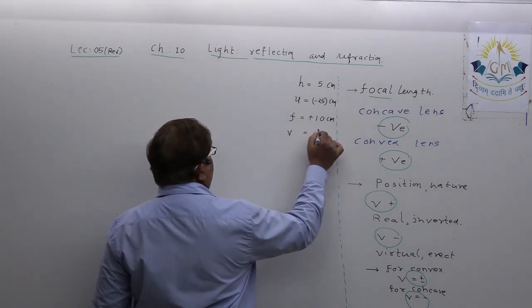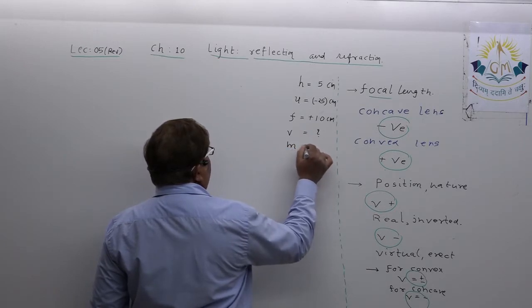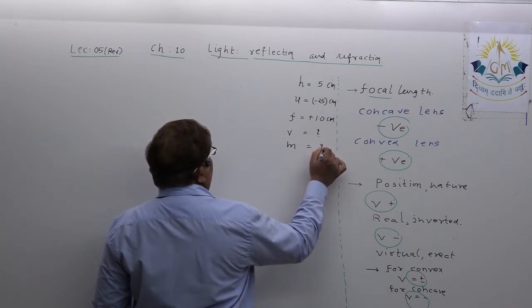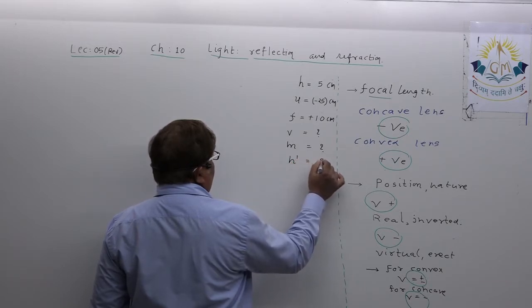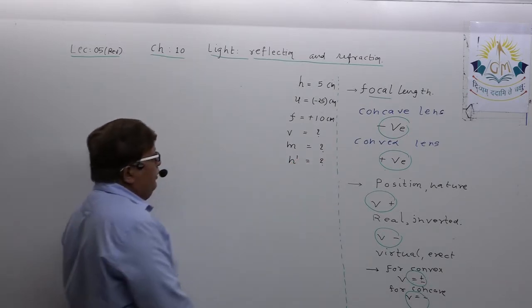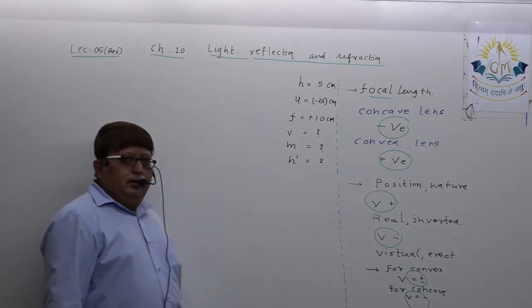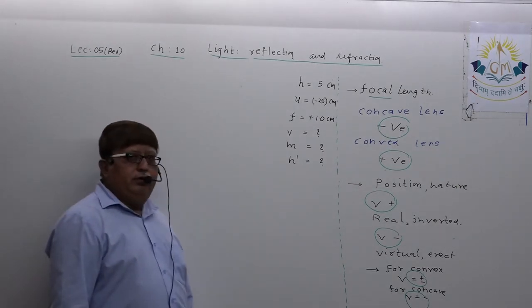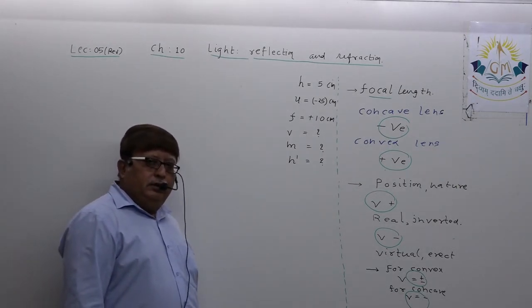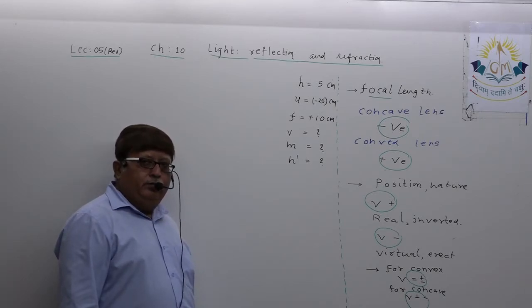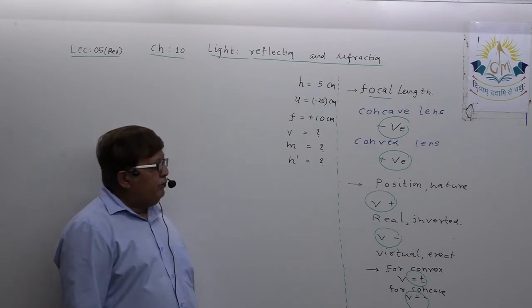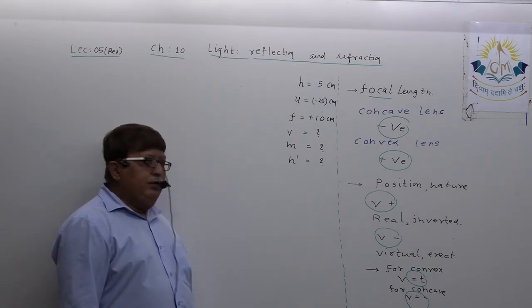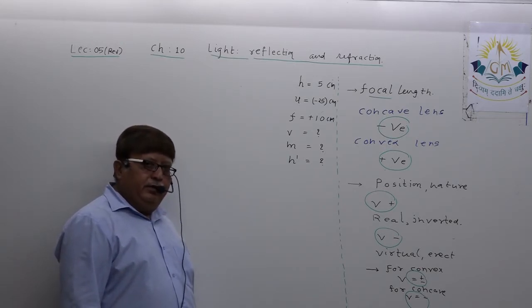We are looking for m, we are looking for h dash. I want to solve it first for you as an important numerical. Let us solve it as a numerical, okay.